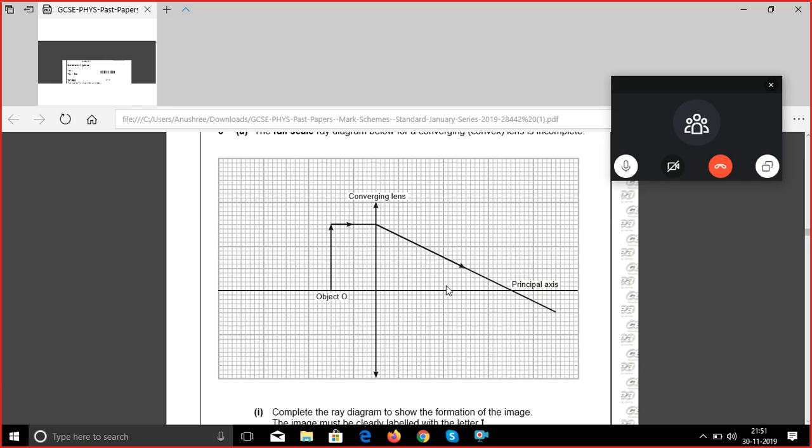And second, which passes through the focus and then becomes parallel to the principal axis. Is this clear? First you have to find where the optical center and the focus are, and draw them on this graph paper.